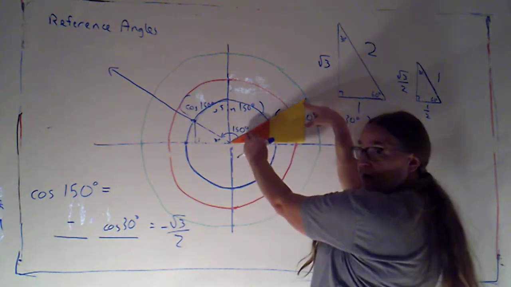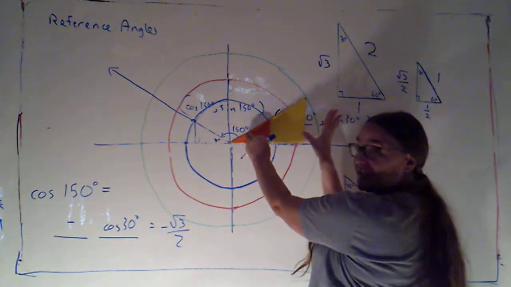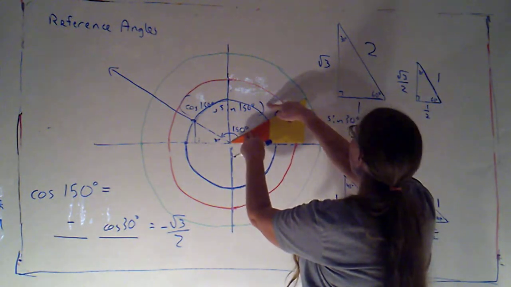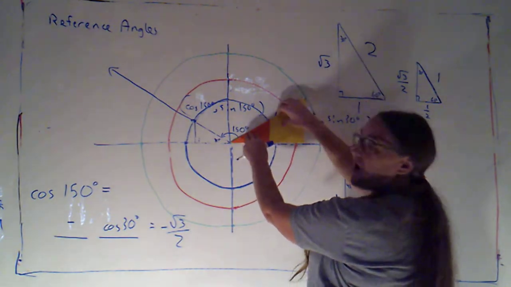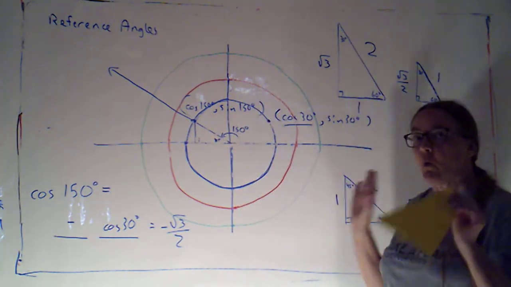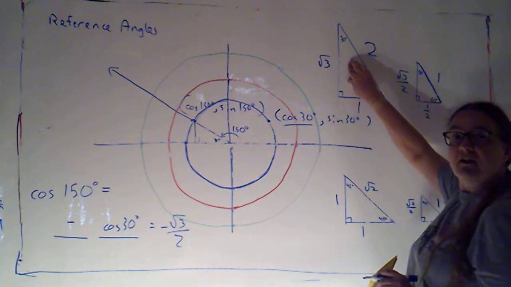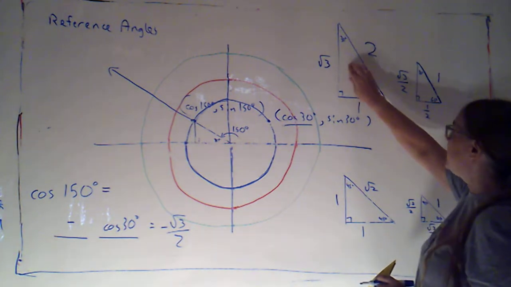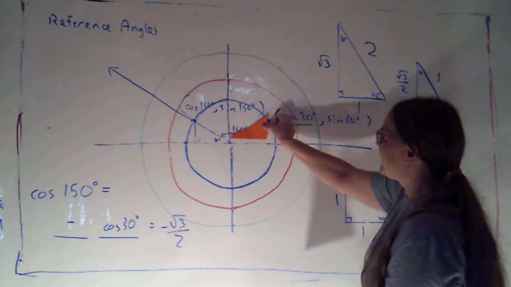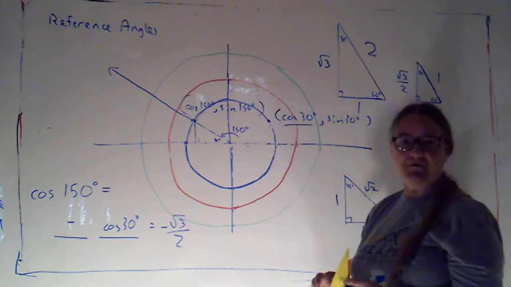But if I use the bigger triangle to calculate cosine, I need to remember that it's not just going to be the x value, it's going to be adjacent over hypotenuse, so root 3 over 2. But very often I'm talking about the unit circle. Once I establish what my reference angle is, I usually go to the triangle I'm most comfortable with, which is usually the bigger one. So it's not the one that would fit onto the unit circle, but it still gives me the right ratio of the side lengths.